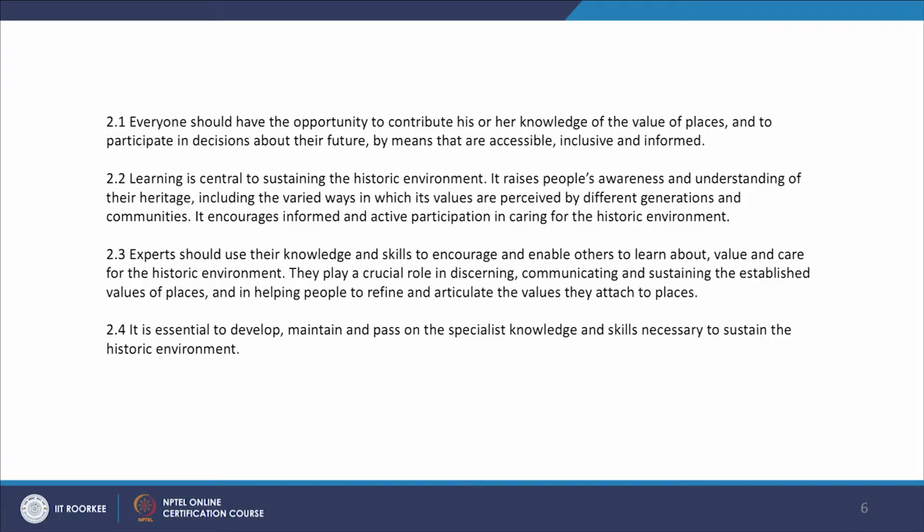And experts should use their knowledge and skills to encourage and enable others to learn about, value and care for the historic environment. Experts, it might vary from a technical side to the social side or the political side.